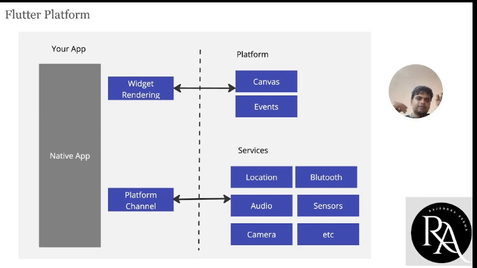The app developed with Flutter communicates directly with the platform for the drawing canvas, emitting and receiving events, and accessing services like location, Bluetooth, audio, sensors, and camera. So this is how the Flutter app works.